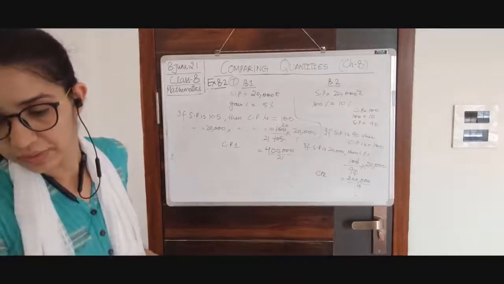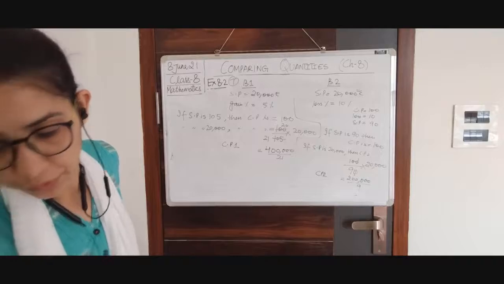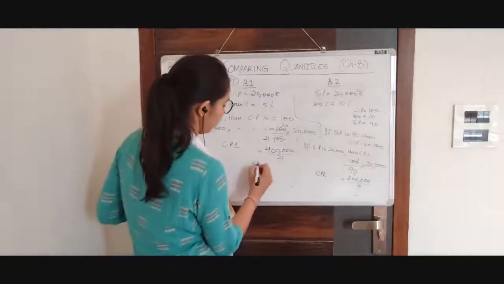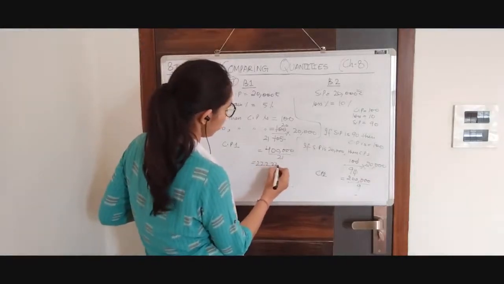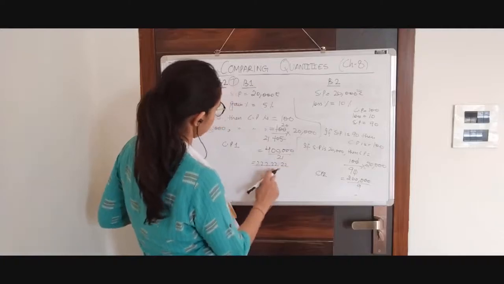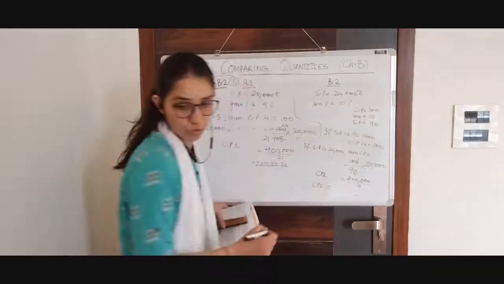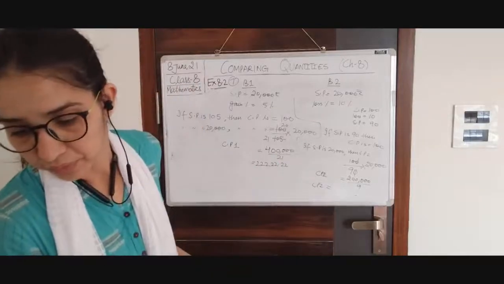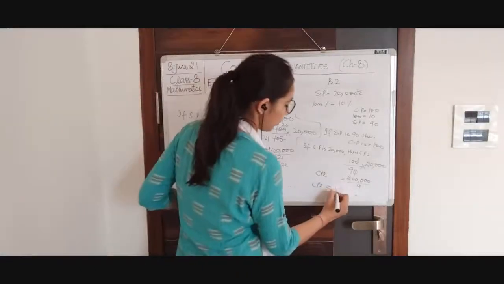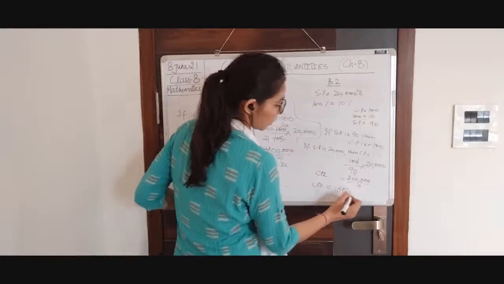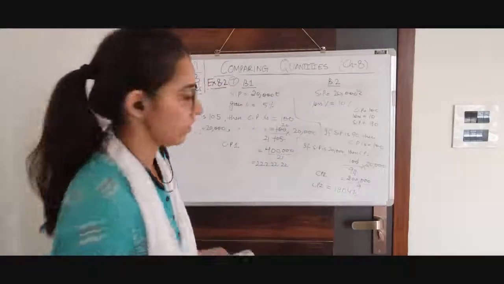First one is 222.22, this much, and CP of this one will come out to be 19,047.6.